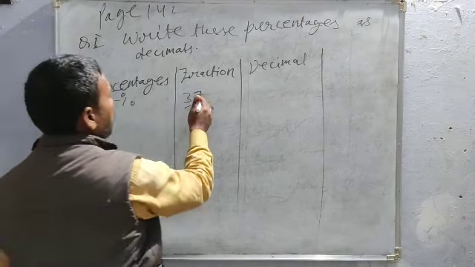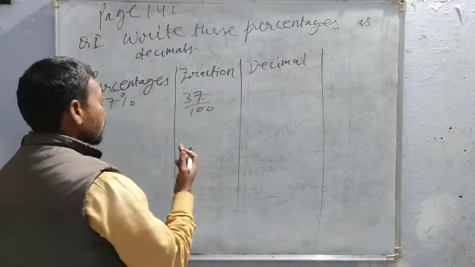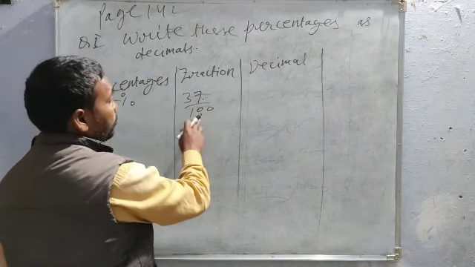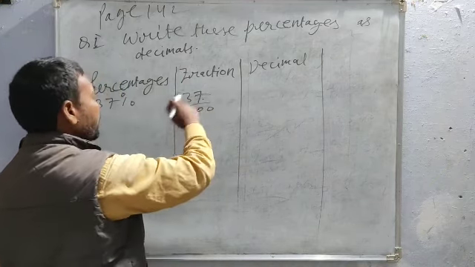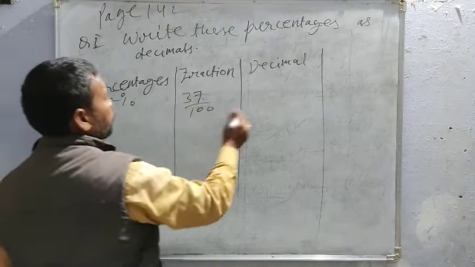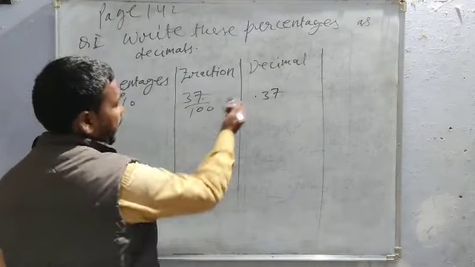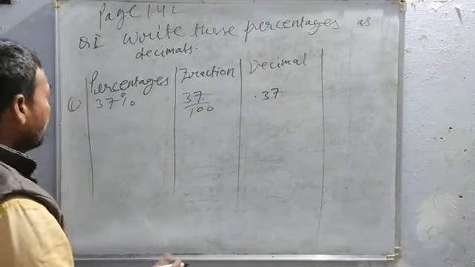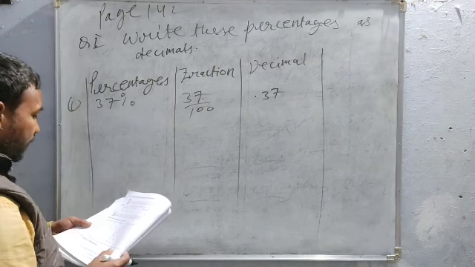In 37, suppose the decimal is at the end, as in a whole number. So, dividing by 100, the decimal will move 2 digits to the left. So this becomes 0.37. In this way you can complete all the questions of the same type.